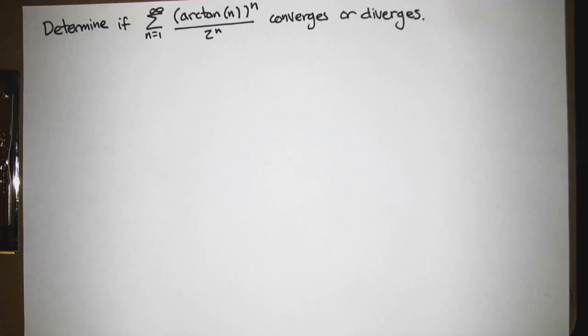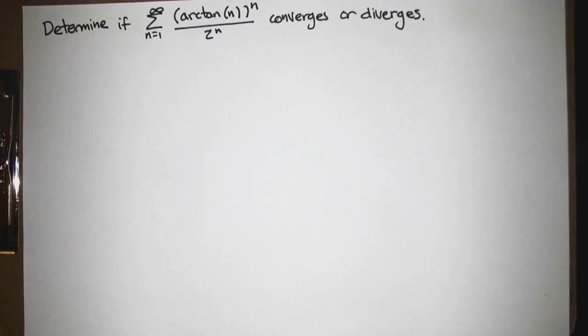Root test. Why does root test just seem completely obvious here? Because everything's being raised to the nth power. When you see lots of things being raised to the nth power, that's a good sign. Ratio test would be really confusing here, but root test makes a lot of sense.